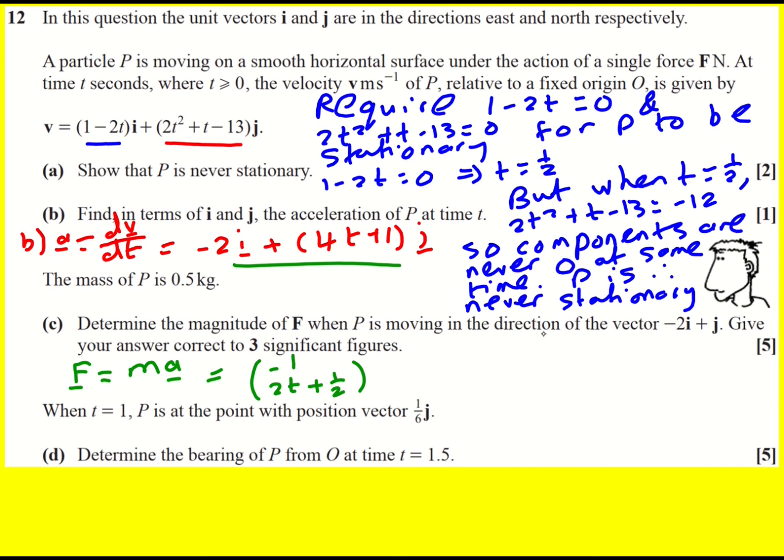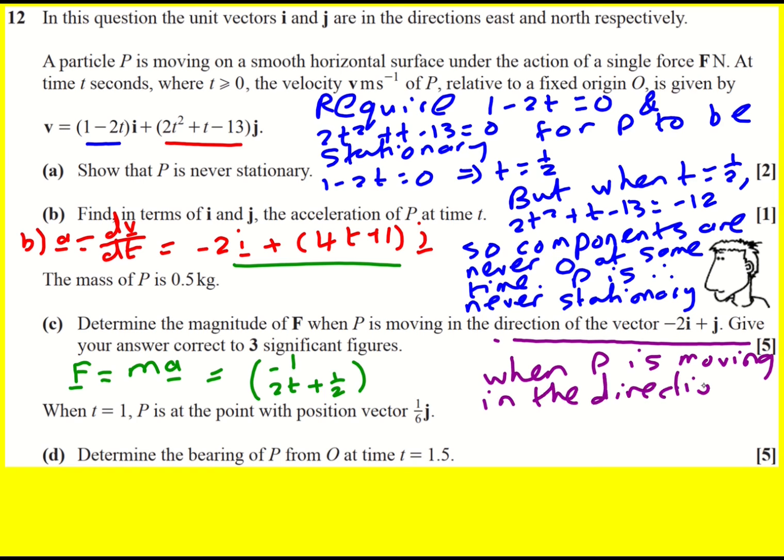Right, so it's all about the fact that P is moving in this direction. When P is moving in the direction minus 2, 1, v is going to equal some constant times minus 2, 1. I think it's going to be positive, because otherwise you'd probably say it was moving in the direction 2, minus 1.